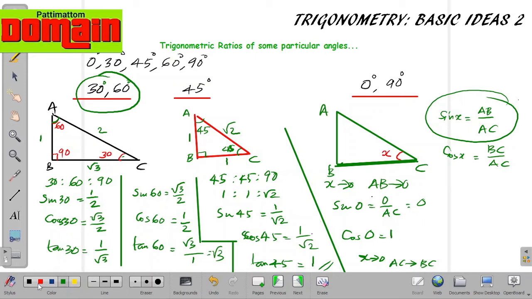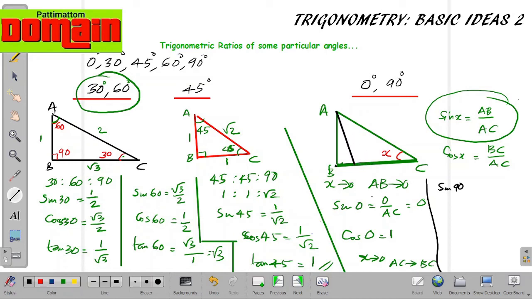Now, how do we argue for sin 90? Suppose we fix A and B, and we take this hypotenuse, and C is dragged towards B. What happens to angle X?